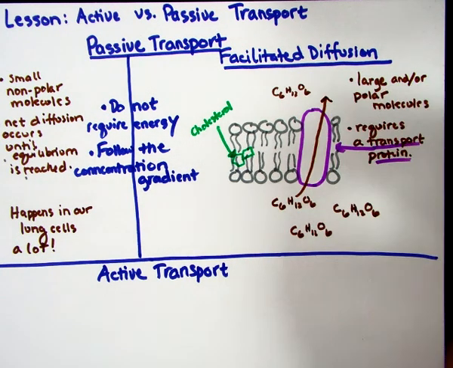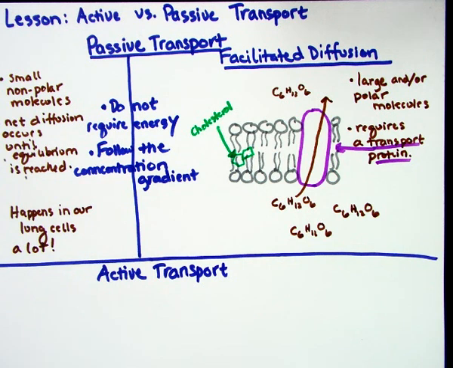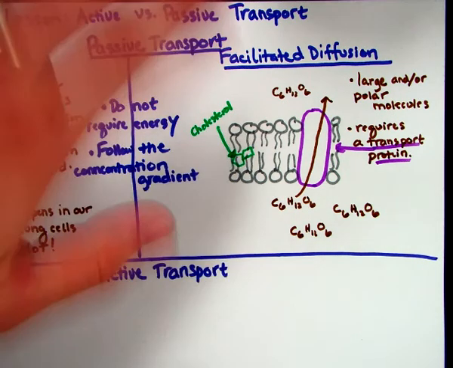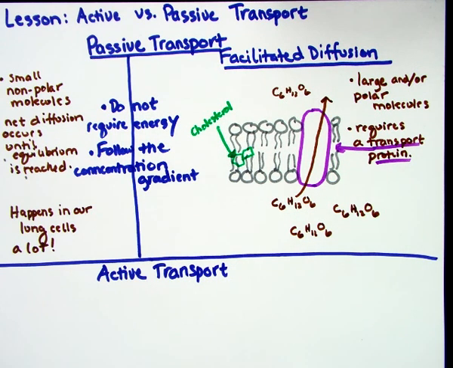And notice we're still going from high to low. High concentration at the bottom to low, until equilibrium is reached. So this particular example is a glucose transporter. Very common transport protein.